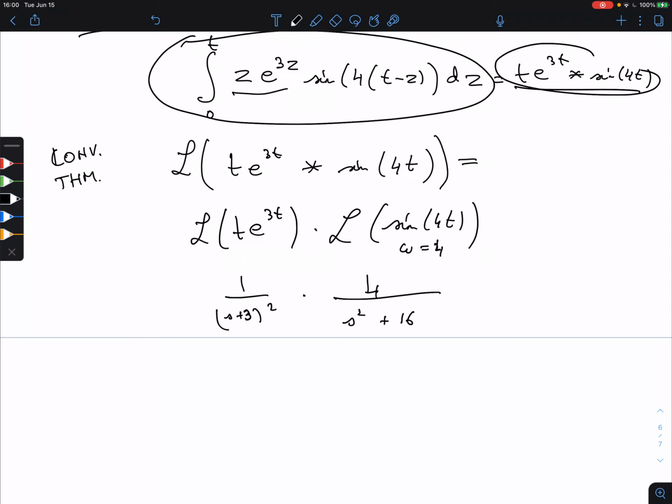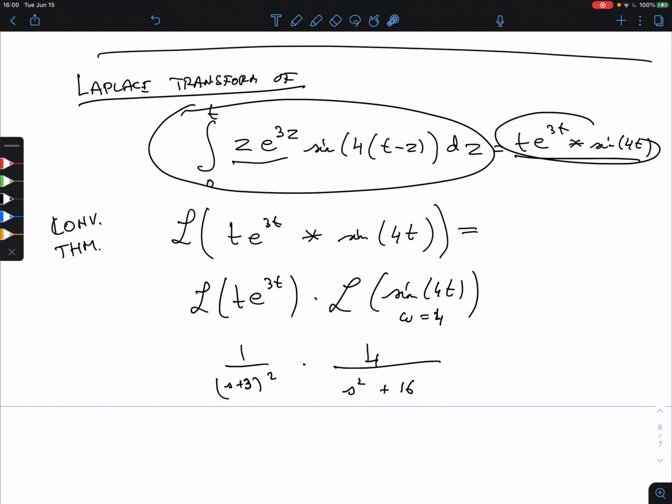For this type of problem, where they ask you to find the Laplace transform of this, the only thing you need to do is recognize it as a convolution product, use the convolution theorem to calculate each separately and multiply them. This is what they want.